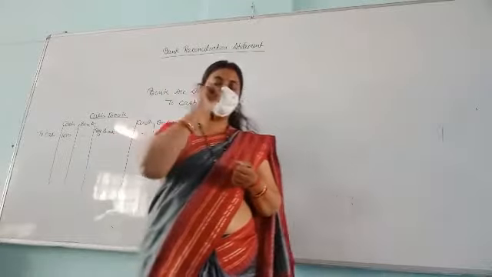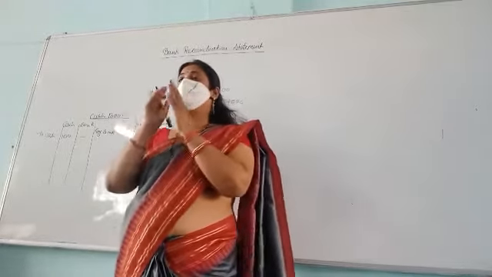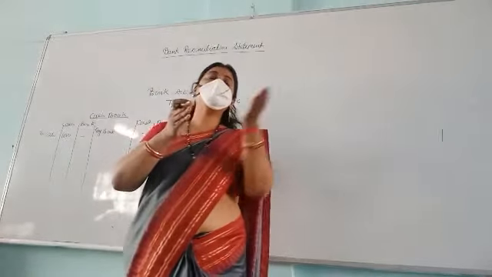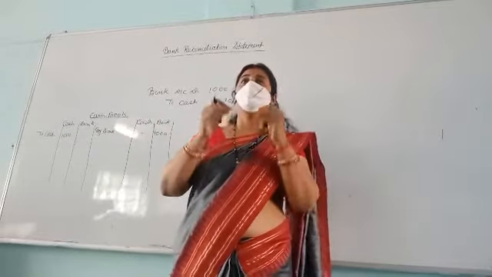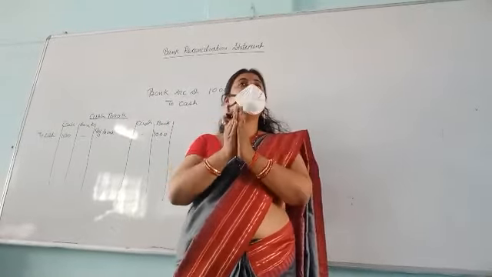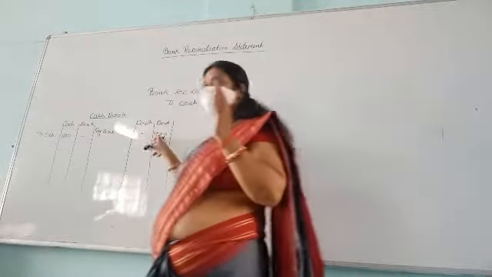Try to perceive it. Whenever we deposit our money into the bank, the bank will credit our account. And whenever we withdraw money from the bank, the bank will debit our account. So when the bank debits our account, we credit our account.